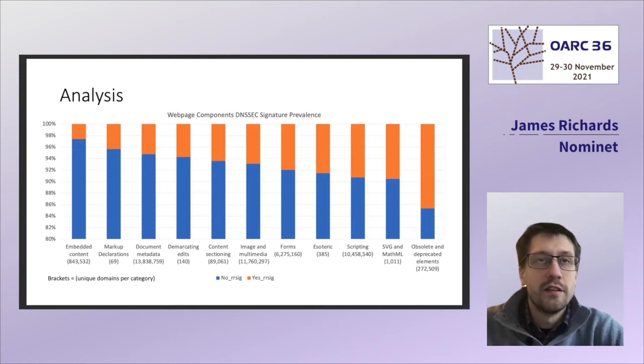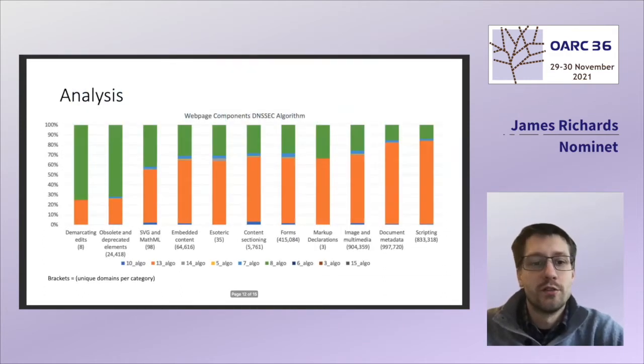I've been through some of these domains in this category, and a lot of them look like trackers or analytics systems that might tell you what users are visiting your website. And a lot of those domains don't look like they're signed, which again disproportionately affects this category because those domains are seen all over the internet, and therefore you're going to get quite a lot of that content affecting this statistical outcome.